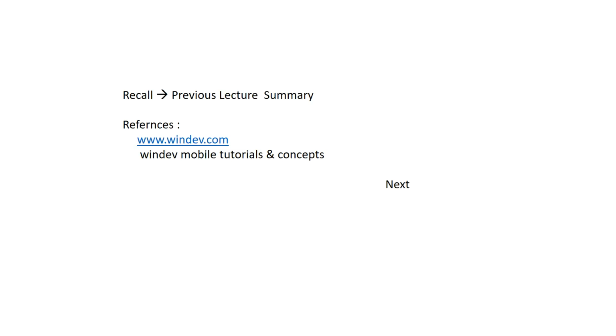Third, we have seen test of Windev mobile applications. Fourth, we have seen debug modes. Two types of debug modes we have seen: debugging in simulator and debugging on the mobile device.